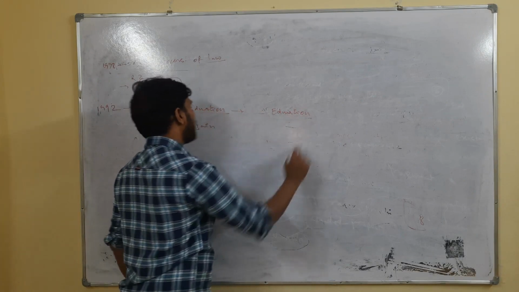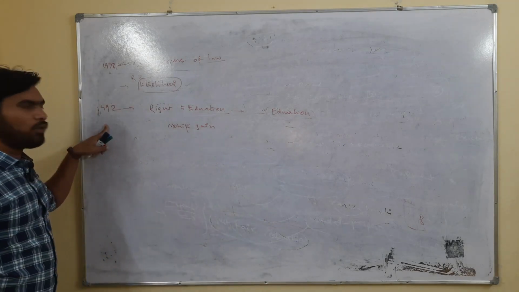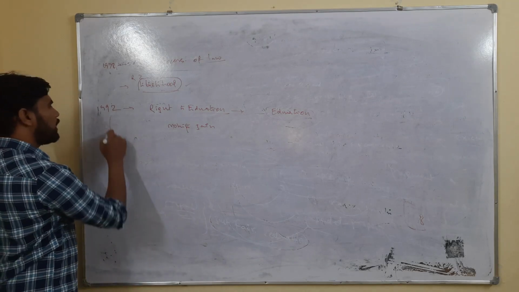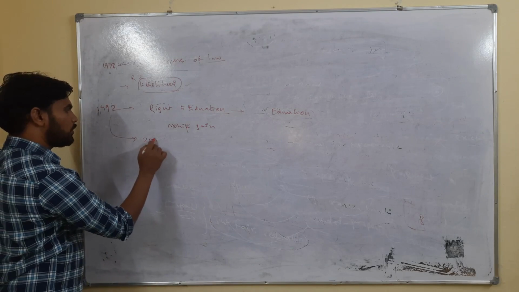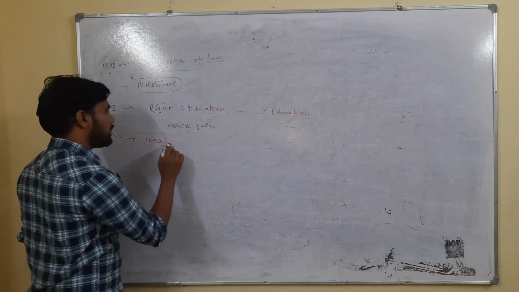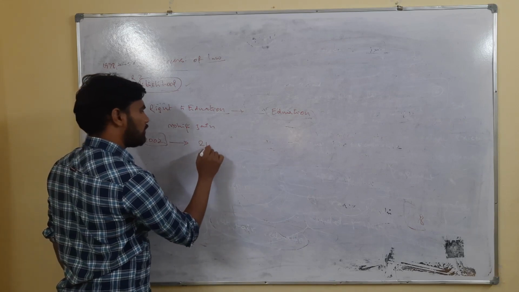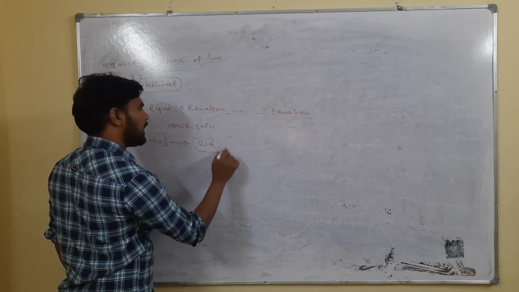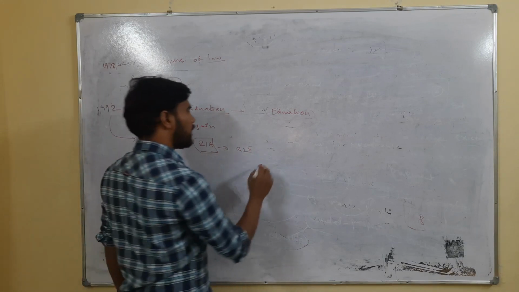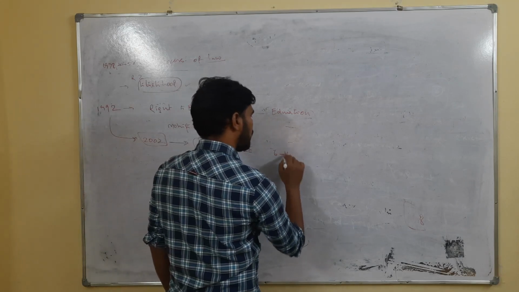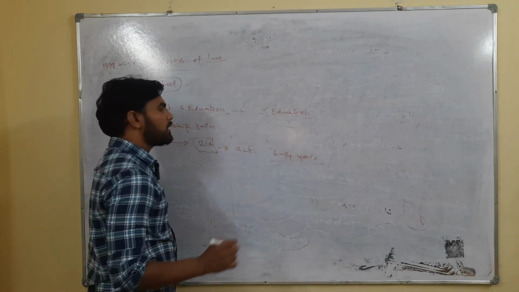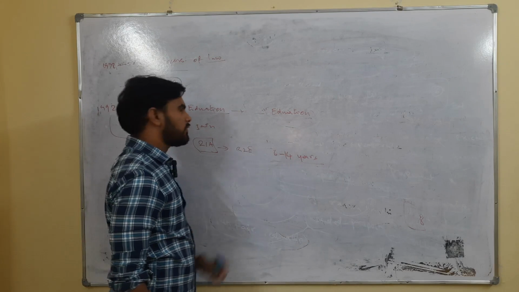That's why the court said right to education is a fundamental right. Accordingly, in 2002, Parliament amended the constitution and inserted Article 21A, guaranteeing free and compulsory elementary education for children between 6 and 14 years.